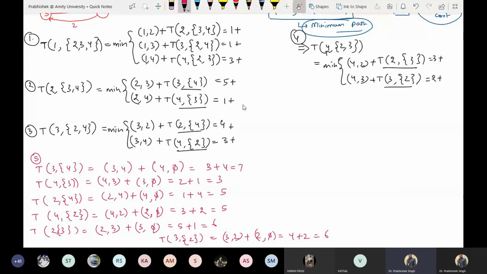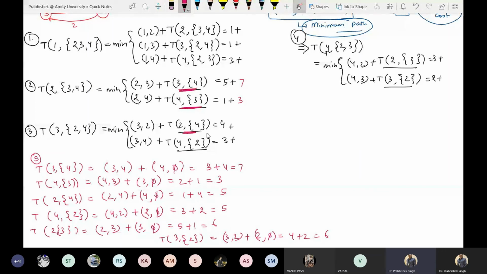What is T of 3 to 4? It is 7. What is 4 to 3? This value we have calculated below as 3. Okay. Now what is this? 2 to 4. 2 to 4 we have calculated as 5. What is 4 to 2?